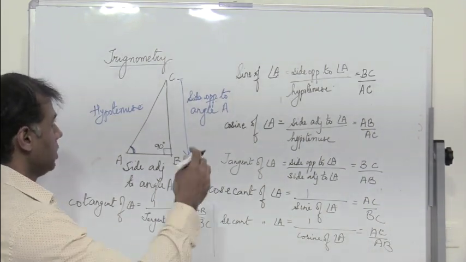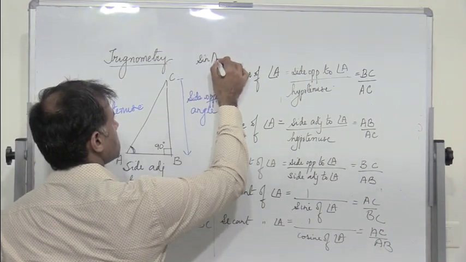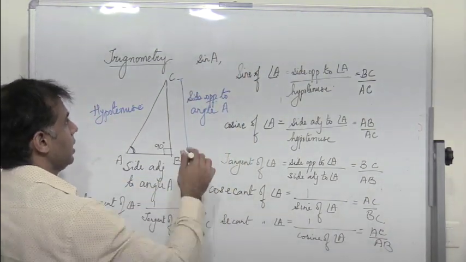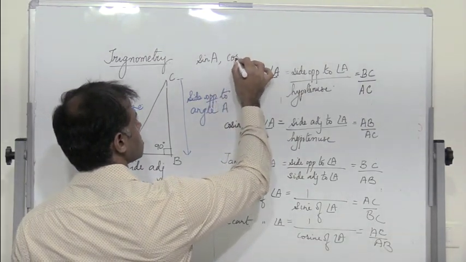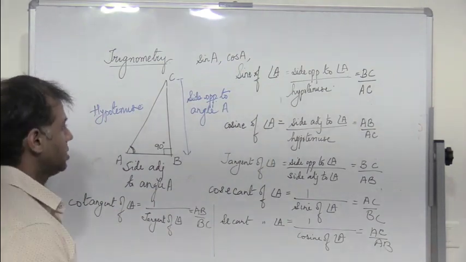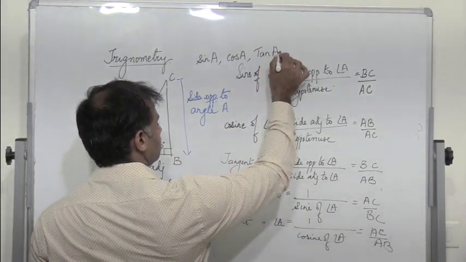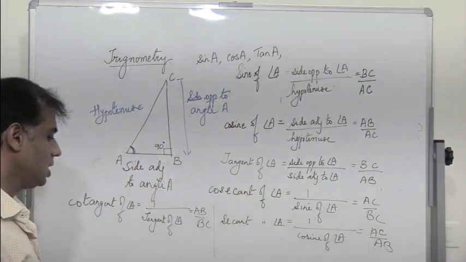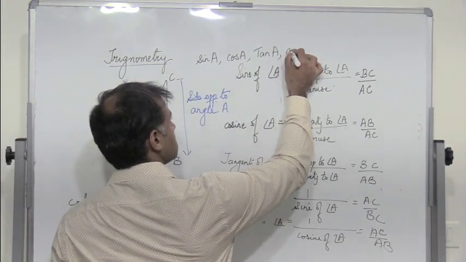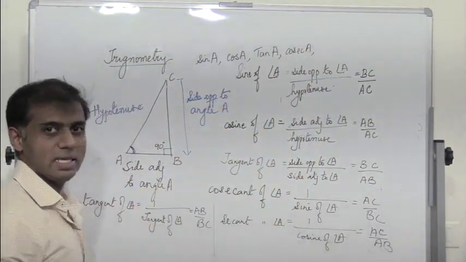Sine of angle A is written as sin A. Cosine of angle A is cos A. The tangent of angle A is tan A. The cosecant of angle A is cosec A, C-O-S-E-C-A.